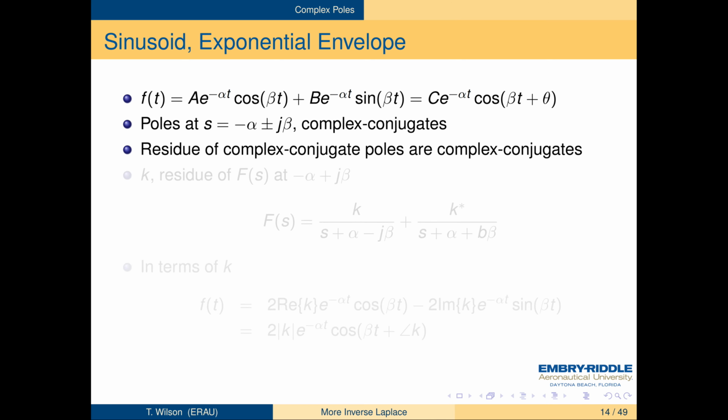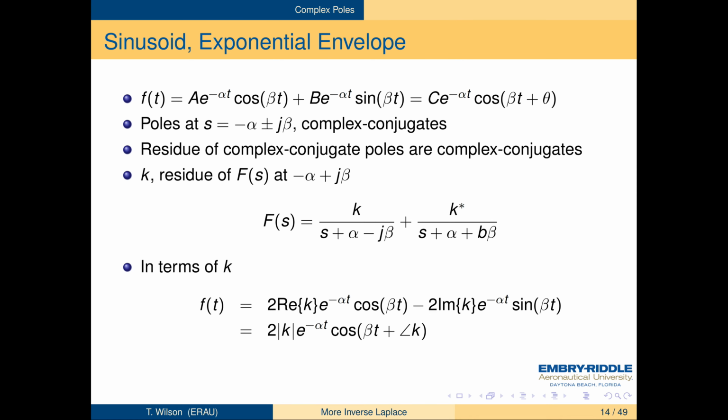The residue of the Laplace transform at the complex conjugate poles will also come in complex conjugate pairs. Again, letting k stand for the residue of the pole with the positive imaginary part, we can write capital F of s in terms of its residue. We recover our time domain waveform from the residue in exactly the same manner as we did with the constant amplitude case, except we now include the exponential envelope term e to the minus alpha t.